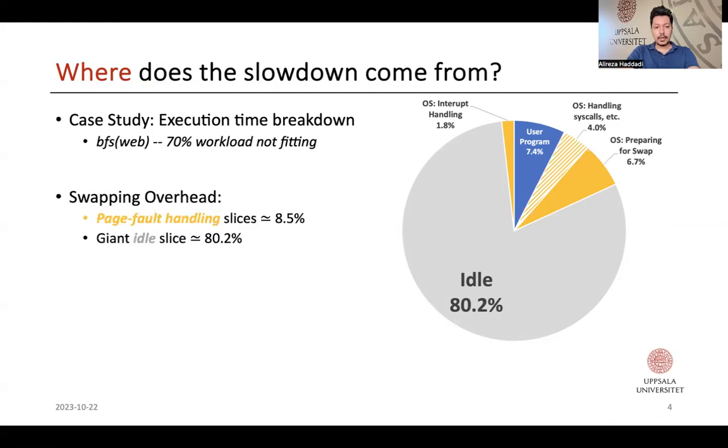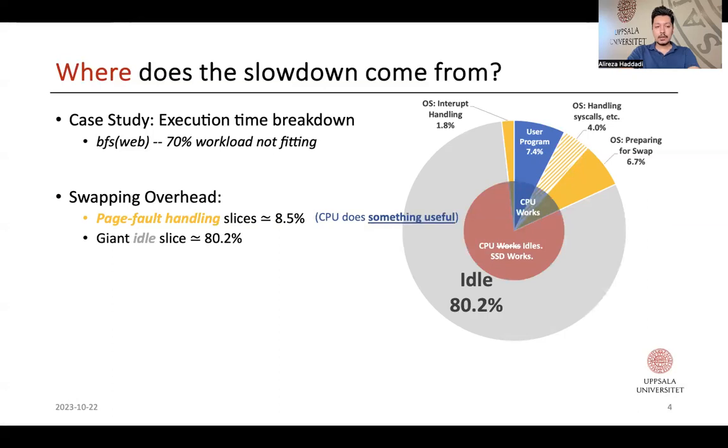So swapping overhead consists of page fault handling slices, which contribute 8.5% of the execution time, and a giant idle slice, which contributes 80% of the time. We can categorize these slices into 2 categories: where the CPU works, and where the CPU idles and the SSD works.